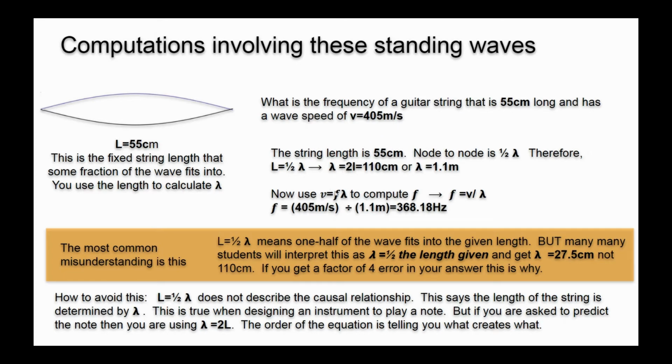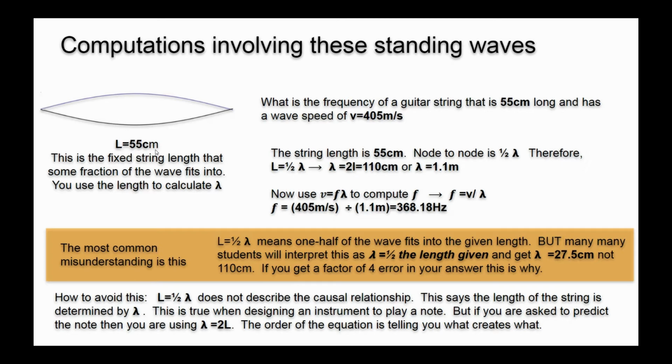Well, we can find the frequency using the universal wave equation here, but we need the wavelength. And what is this telling us? 1/4, or sorry, in this case, 1/2 of a wave fits into the 55 centimeter space.